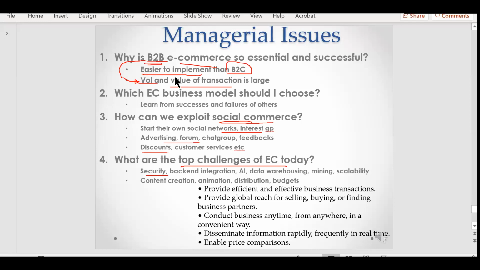Why is this easier to implement? Because companies and companies, they usually have a standard kind of EDI, electronic data interchange. They have a standard format, and they don't stress too much on the UI. Whereas when you have applications that involve individuals, the public individuals always have different comments, different feedback, right?